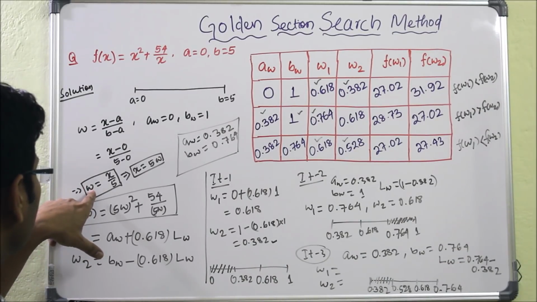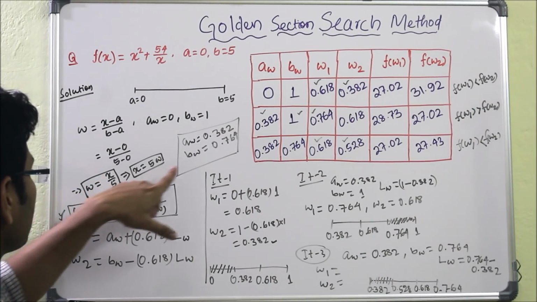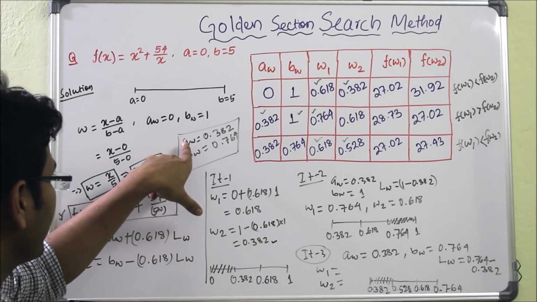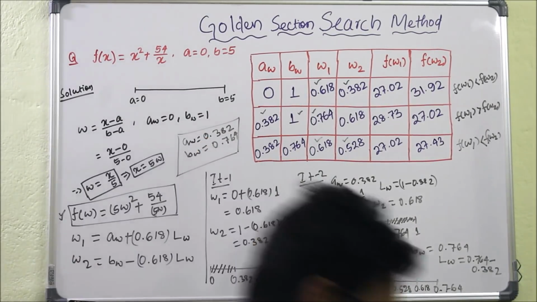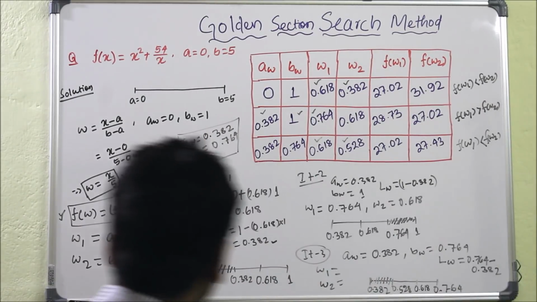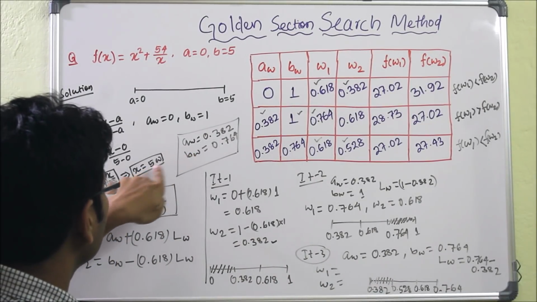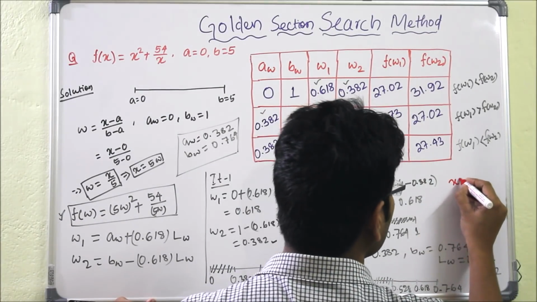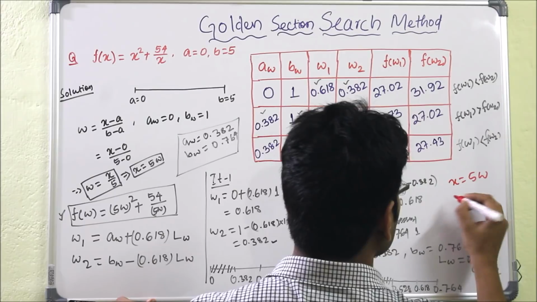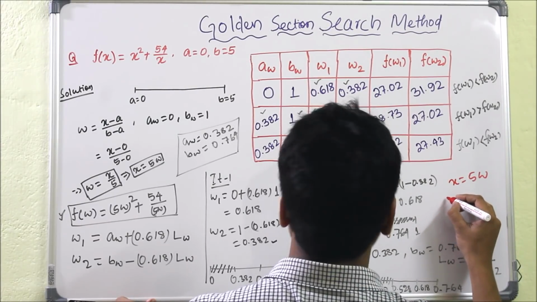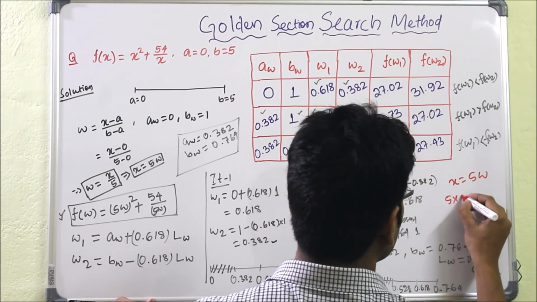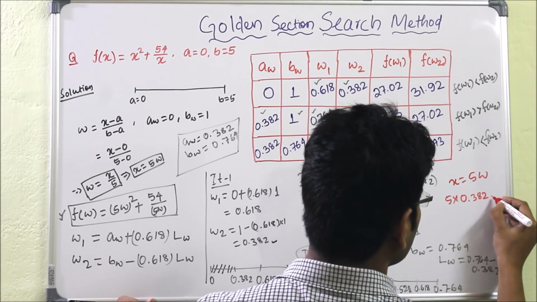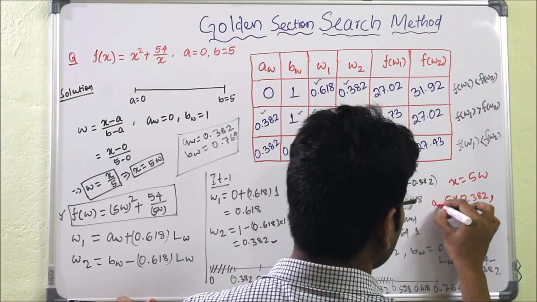We know w equals x by 5, and x equals 5w. So the new a will be 5 into 0.382.